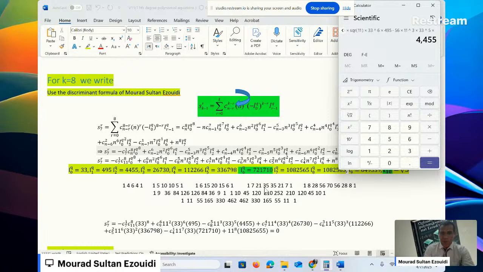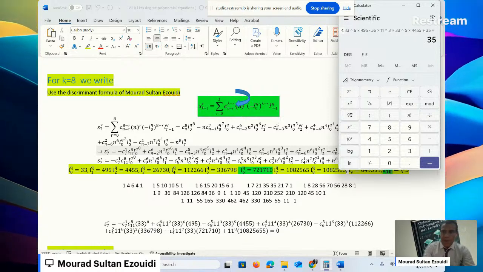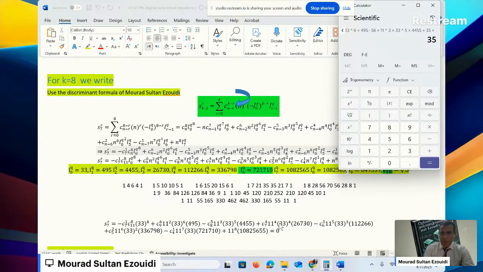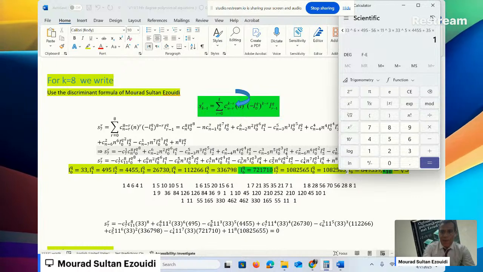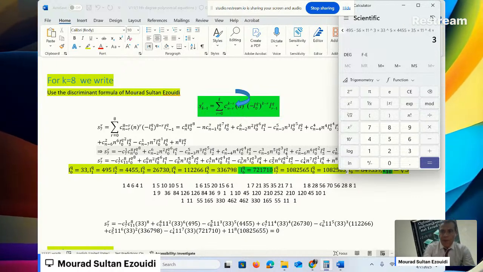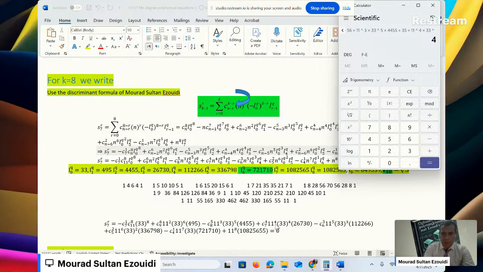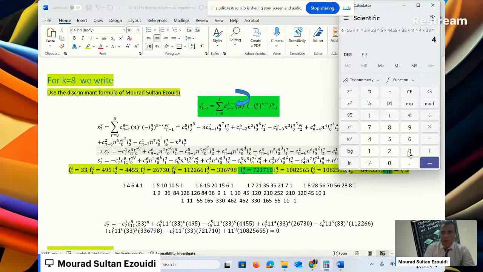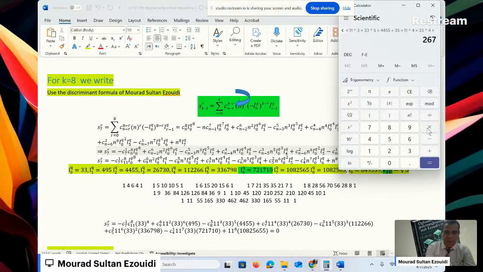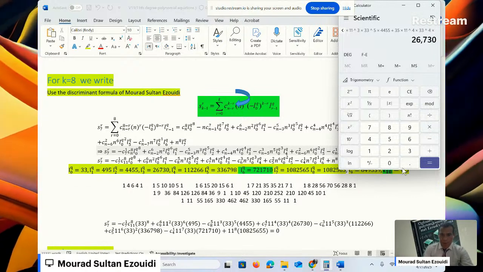Plus 70, 2, 3, 4. Plus 35. Multiply by 11. Okay. Multiply by 11 to the power 4. Multiply by 33 to the power 4. Okay. Multiply by 26,710 and 20.